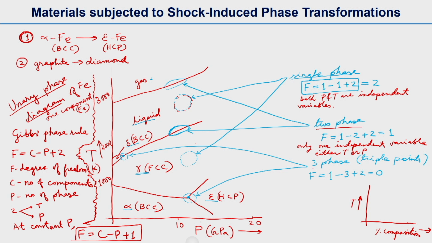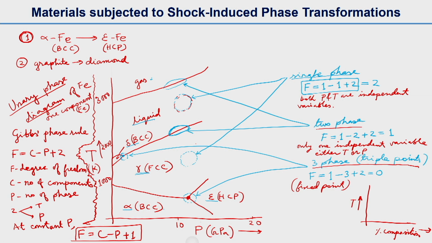And for these 3 phase triple points, these are fixed points, we cannot change them by varying pressure or temperature. For example, this point is fixed at a particular pressure, let us say close to 13 gigapascal, and the temperature is also fixed. So these are fixed points.